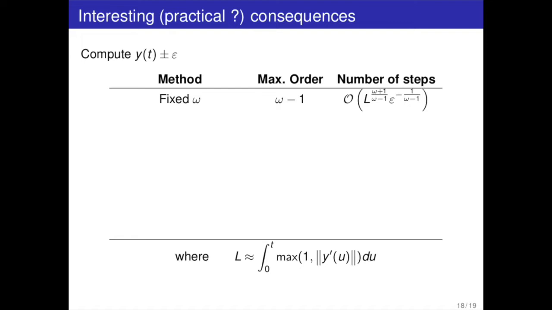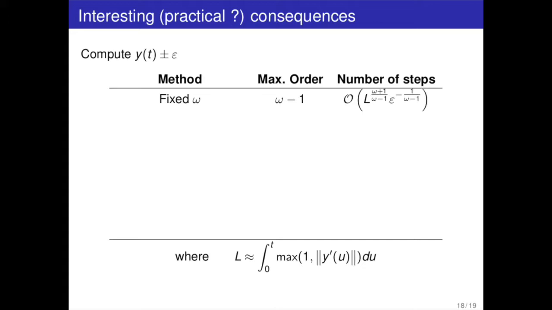In fact I lied a little bit. It's not really the length. It's some integral that you can relate to the length. But there are degenerate cases, like if you have an equation where the derivative can become arbitrarily small, so your system almost converges in finite time, then this analysis breaks down.